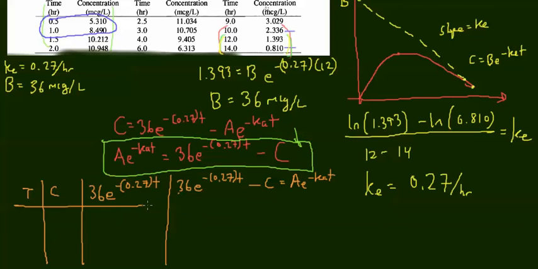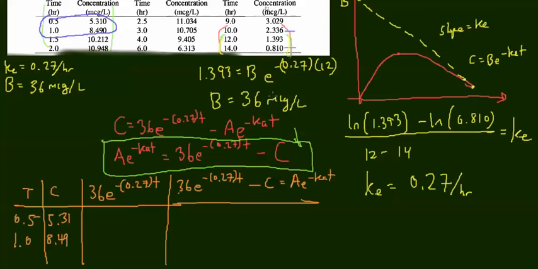A lot of the values you already have. So time, we'll use 0.5 and 1 hour. Concentration, we're given 5.31 and 8.49.